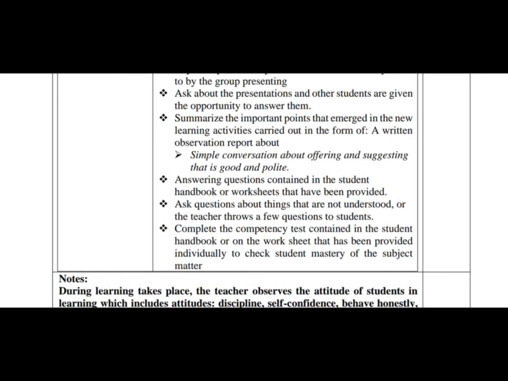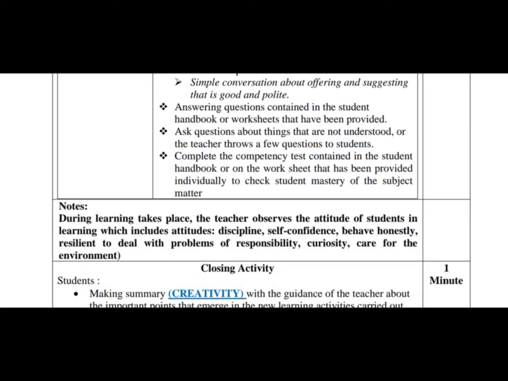Complete the competency test contained in the student's handbook or on the worksheet provided, individually, to check student mastery of the subject matter. Notes: during learning, the teacher observes the attitudes of students in learning, which include discipline, self-confidence, behaving honestly, resilience in dealing with problems, responsibility, curiosity, and care for the environment.